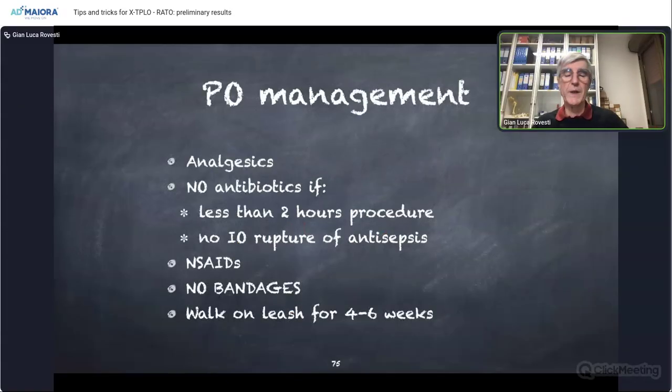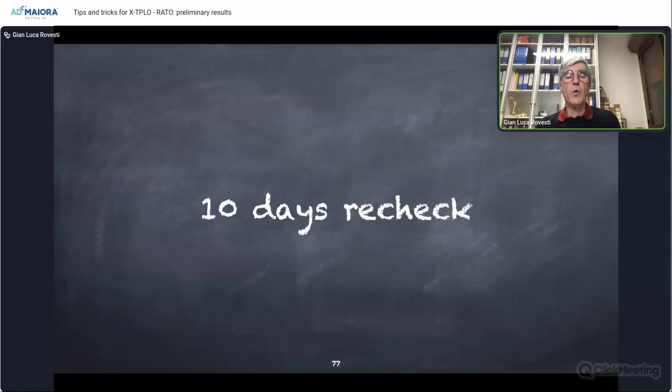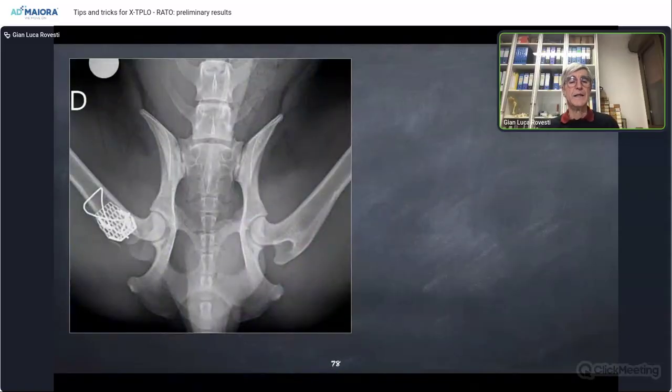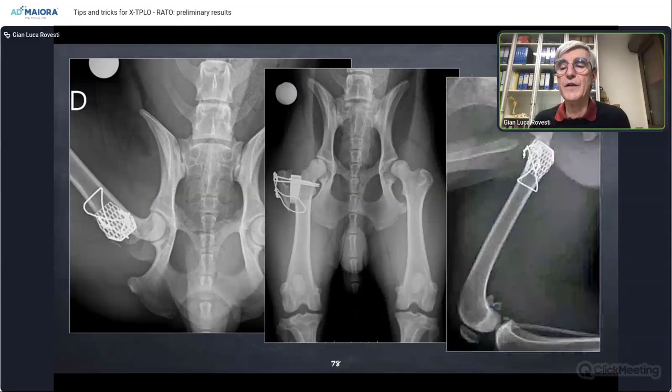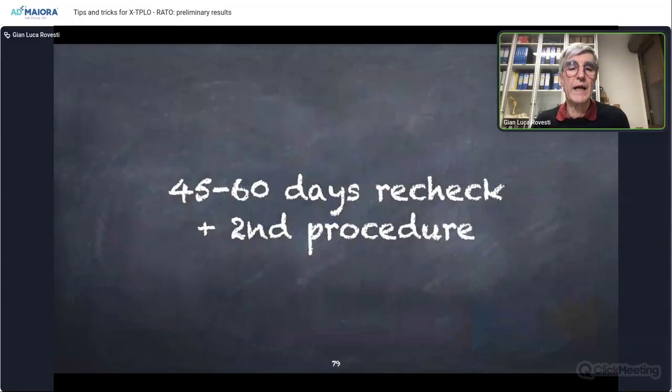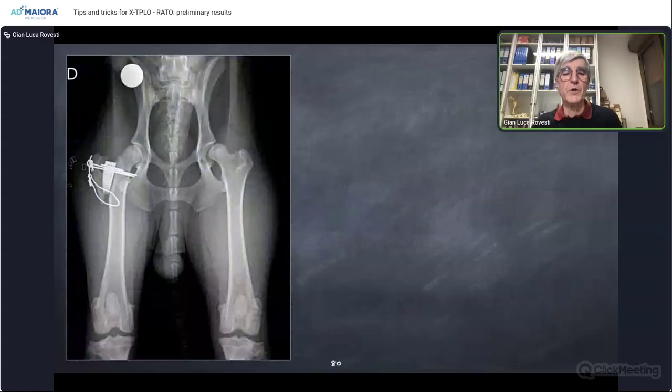Okay, post-op management, we don't have a lot of time, but the important point is no bandages, just adhesive tape on the wound. And the follow-up, 10 days recheck, like this. It's okay, still negative Ortolani. At 45, 60 days, depending on the progression of the first one, recheck, and if it's fine, second procedure.